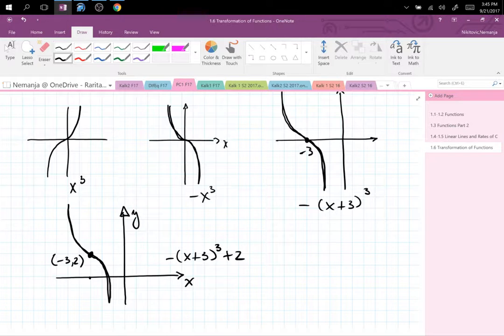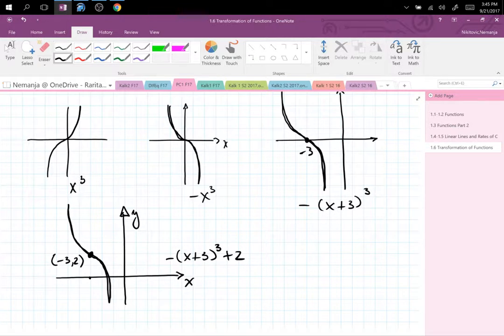Believe it or not, this is a shift up, because the number is on the y side. If you move it to the other side, it's still shift up. Doesn't matter on which side of the equation it is.